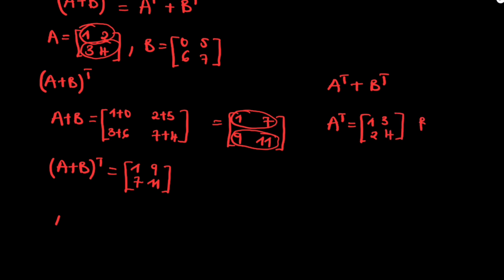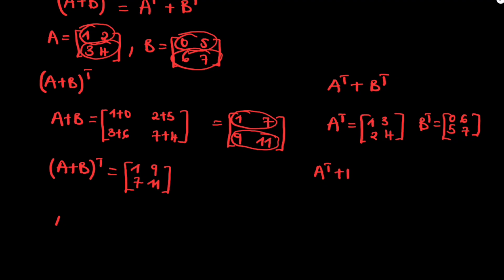Let's take B transpose. The first row becomes the first column. The second row becomes the second column for our transpose matrix. Okay, so now let us add A transpose plus B transpose. So we are adding corresponding entries.